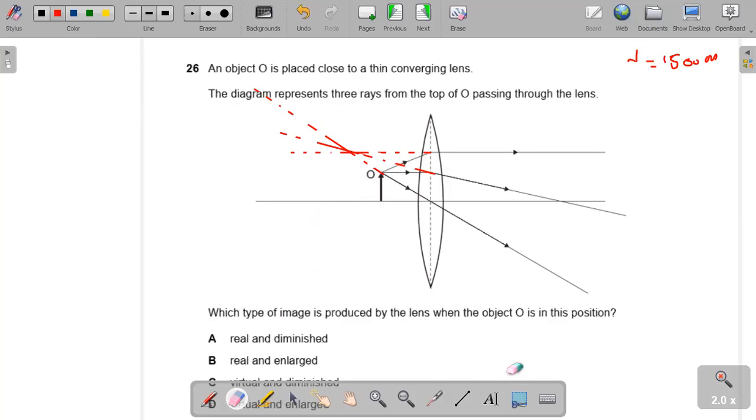So here the image will be formed here. This is the image. The size of the image is more than the size of the object, so it's diminished or enlarged? It's enlarged.